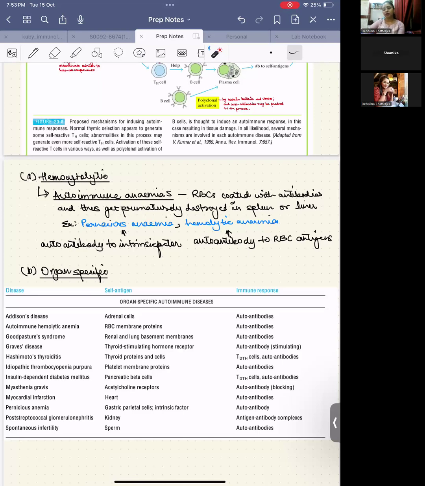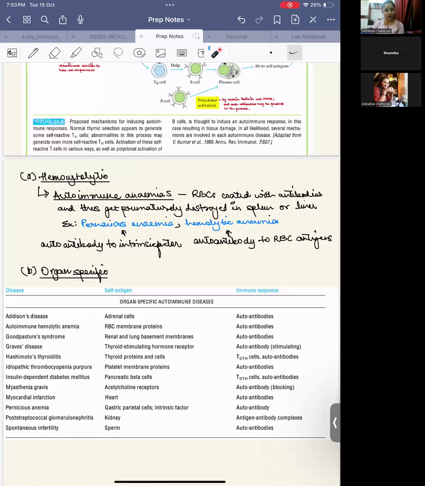Now, autoimmune diseases could also be specific or systemic. Specific as in it could be specific to a particular cell or a particular organ. Now, it's a long list of diseases.